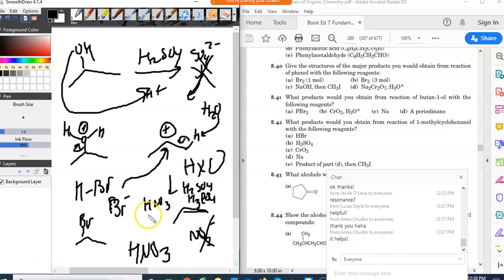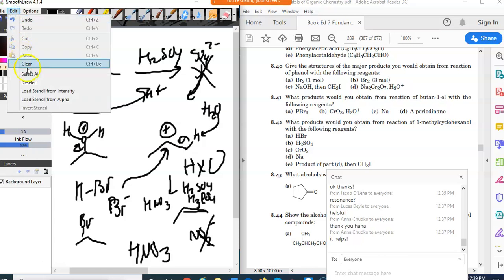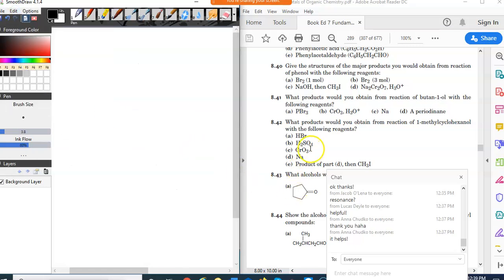But any of the monatomic acids, HBr, HCl, HI, those will act as a nucleophile. Okay? So that's how you know that if you just see the sulfuric acid, then you're doing an elimination because you don't have a nucleophile that is part of that acid.